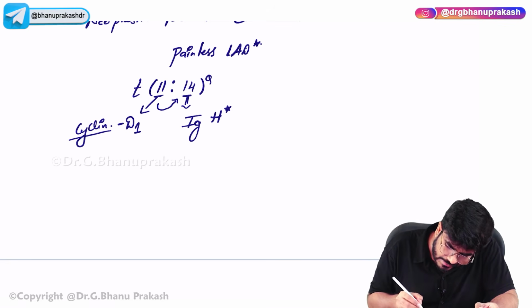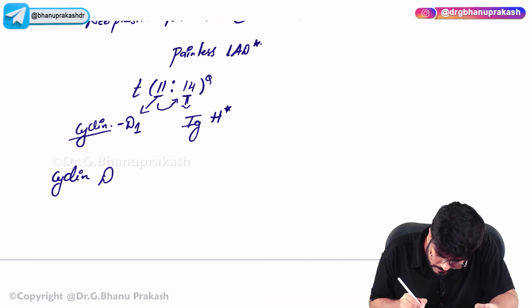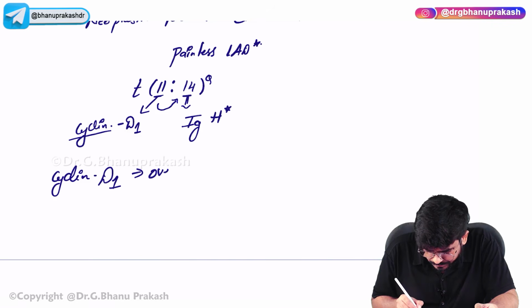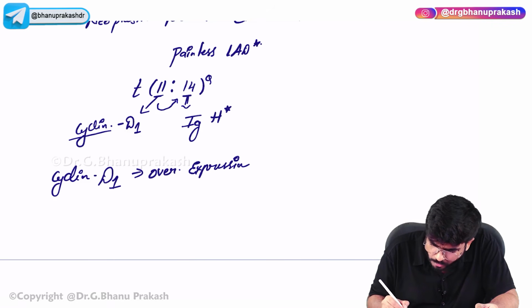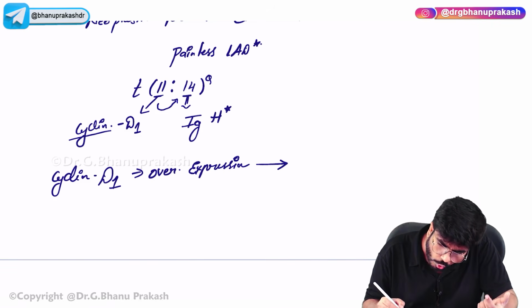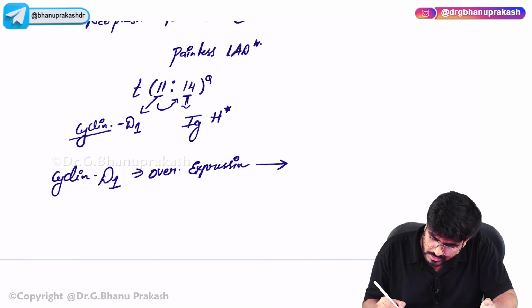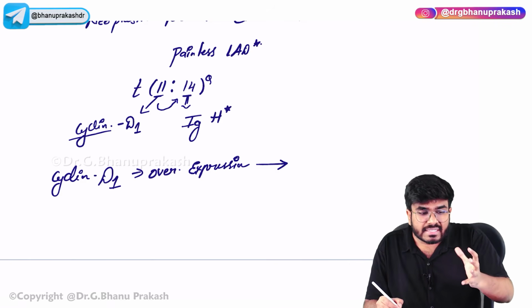So now there is cyclin D1 overexpression. When there is cyclin D1 overexpression in these B cells, there is going to be overgrowth. It promotes the growth of the cells and shifts them.